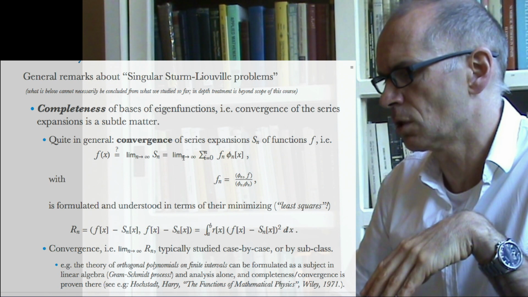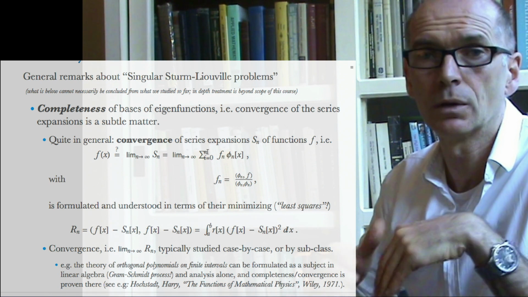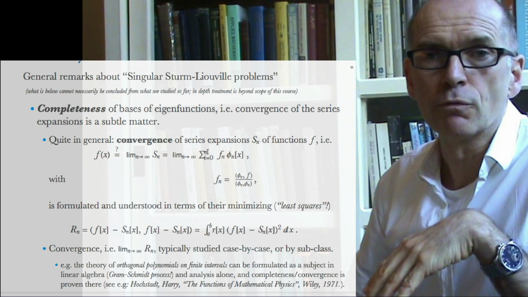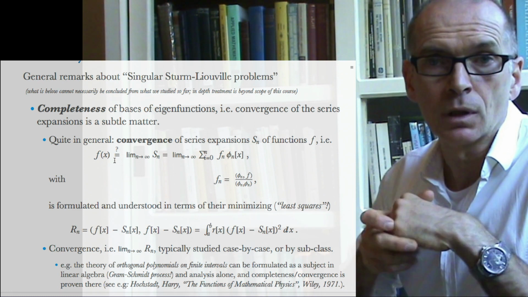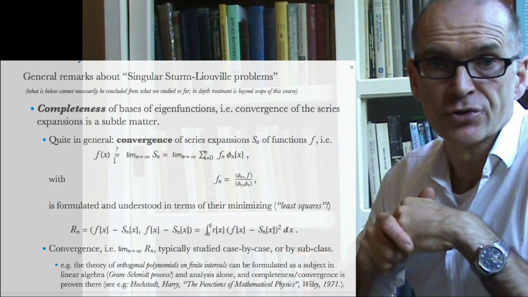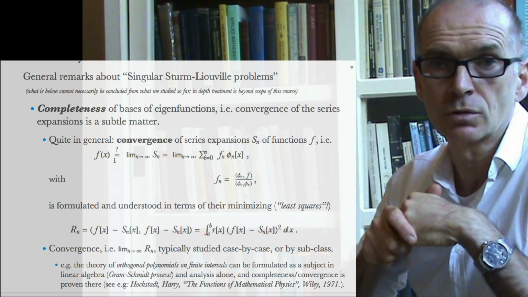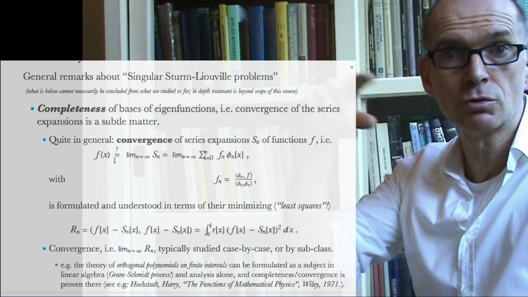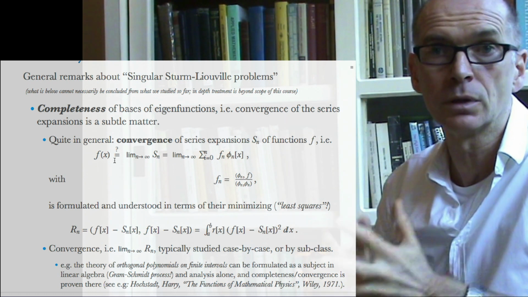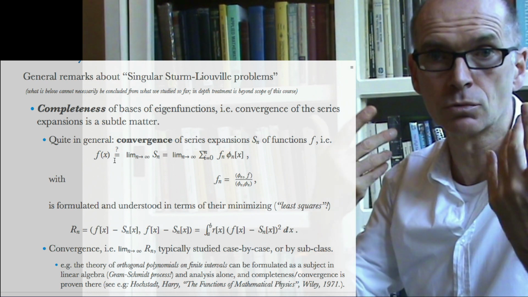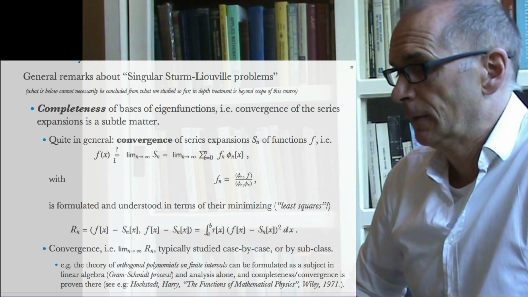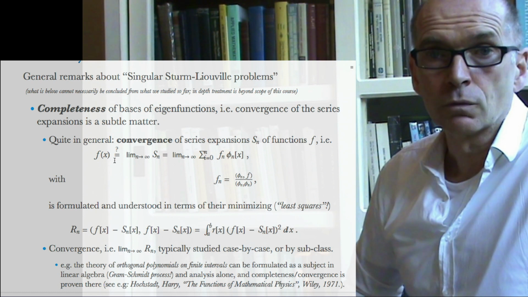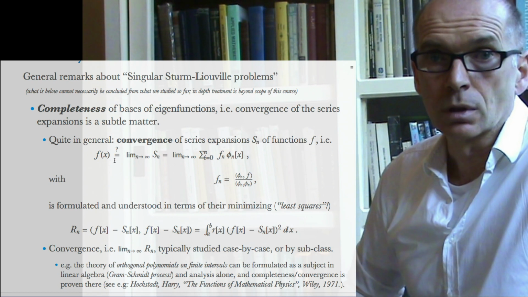And the question is, if I take the limit of the upper bound of that series, does that converge to that function f? And if so, in what sense? How precisely? That is a tricky matter, as we also saw it for the Fourier series, where you have this Gibbs phenomenon. So that is an example of how you sometimes have to conceive the notion of convergence in a rather subtle manner.